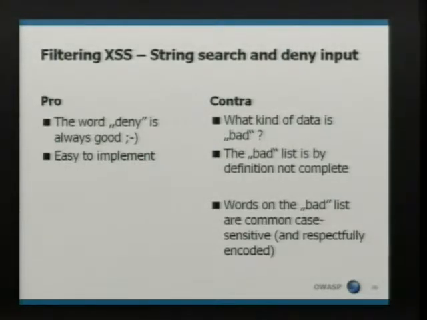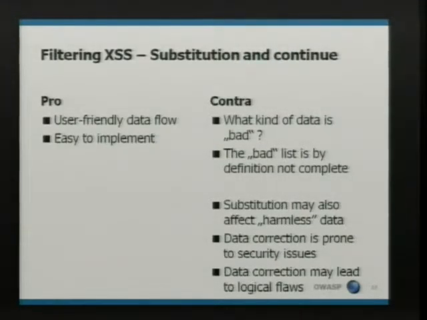The substitution and continue approach is first of all quite easy to implement, and it is very user-friendly for the data flow of the application. We have again the same disadvantage that we have to define the bad data.